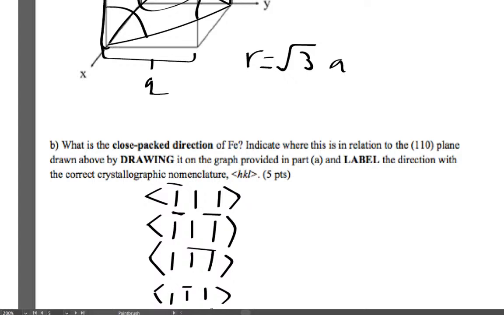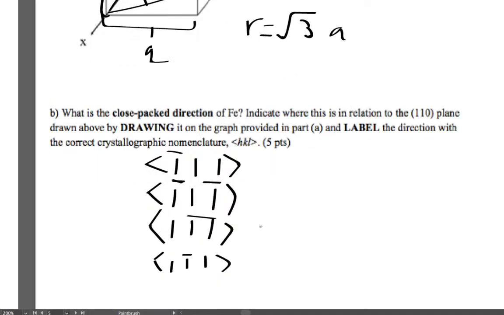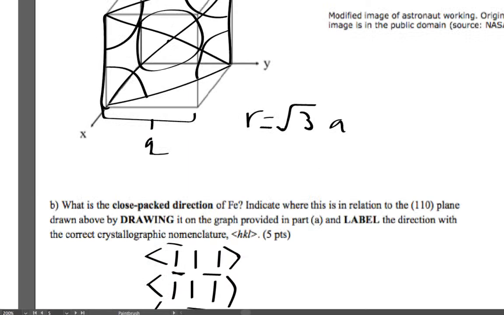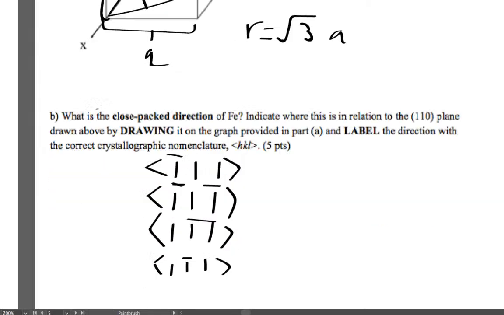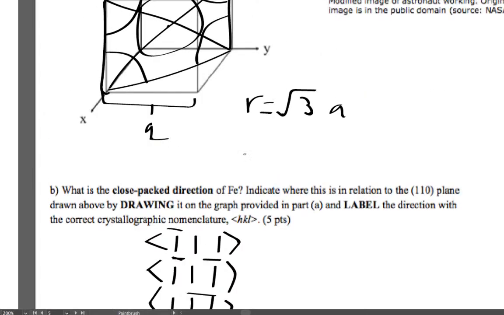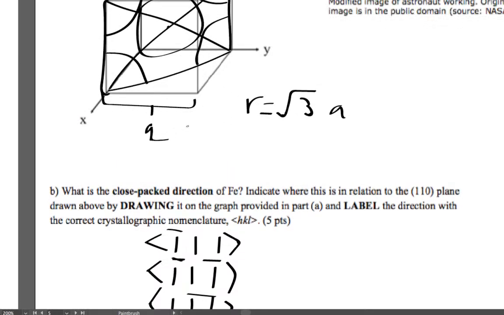You go to the -1, then 1, then 1, and then you go to -1, 1, but you go down 1 bar. So that's all the answers that I could see. There are obviously some more, which means you have another 8, I believe. But at this point I don't really care, because we are only really interested in the 110 plane. So that's that.